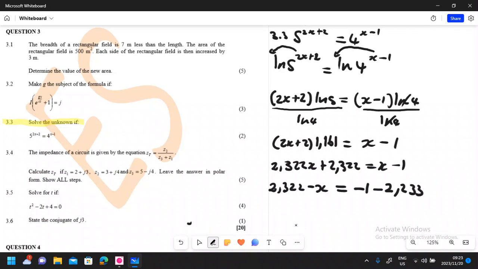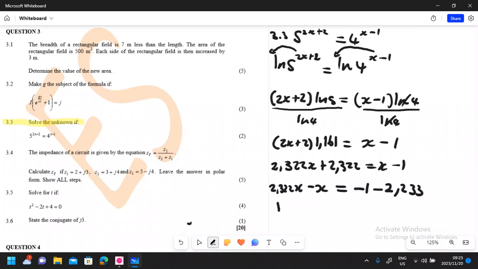All right, let's continue. Oh, I forgot x here. Just do this. I almost forgot the x, guys. It's very easy to forget the x, guys. Okay, just write it here. It's going to be 2,322x. Right, now we're fine. So this 2,322x minus x, what is it that you're going to get here?